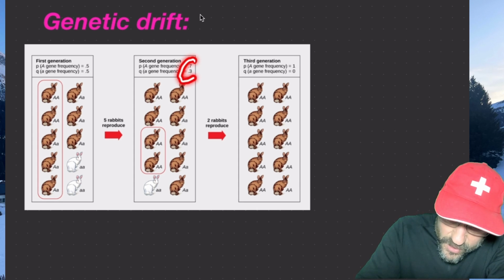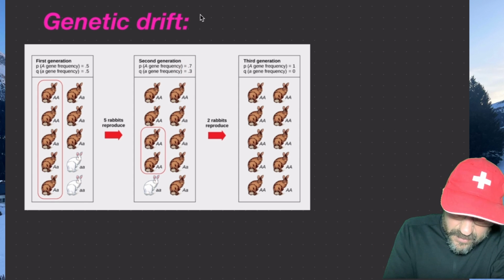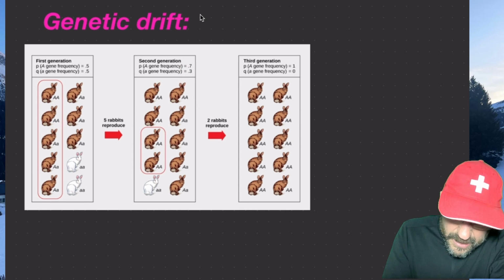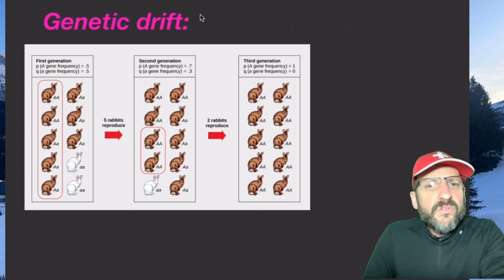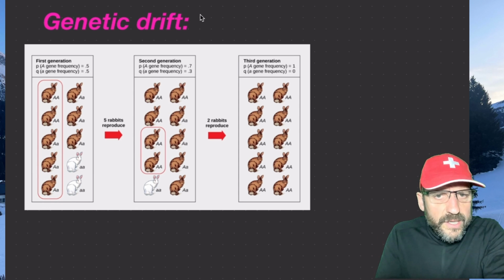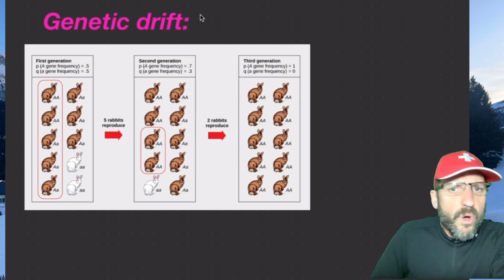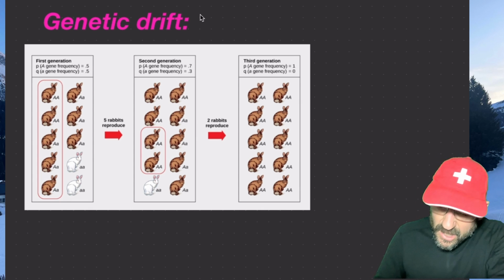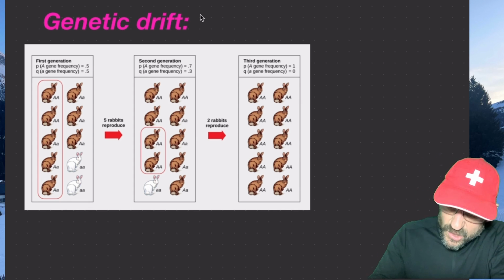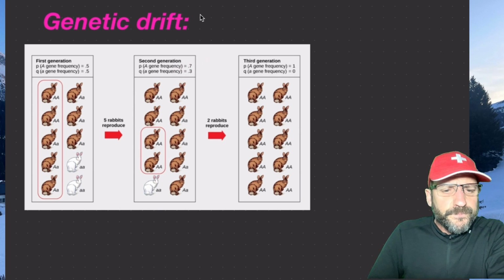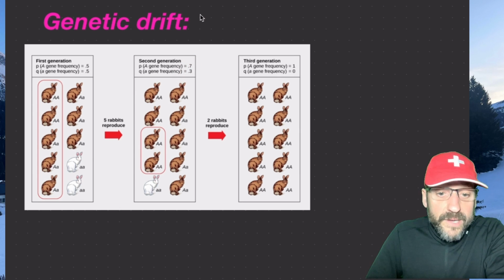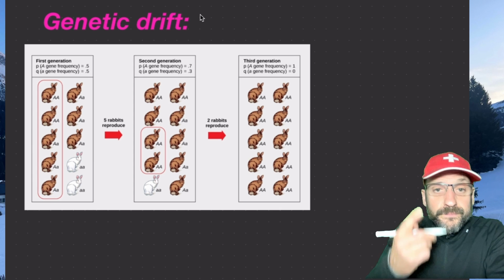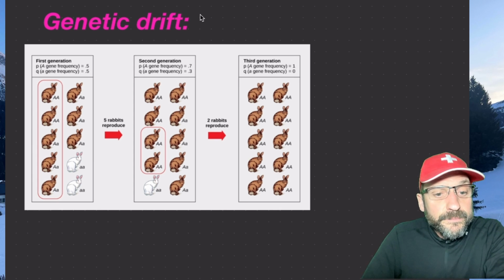That's a 70-30 split because if you look at the big A's, that's the dominant alleles, and the little a's, you got seven dominant alleles and 3 recessive ones in the reproducing rabbits. So the frequency is going to be that 70-30 split. And voila, allele frequency has changed, and that's evolution right there.